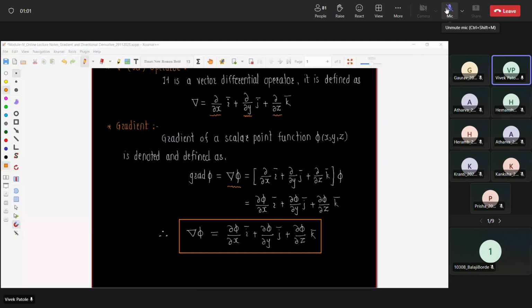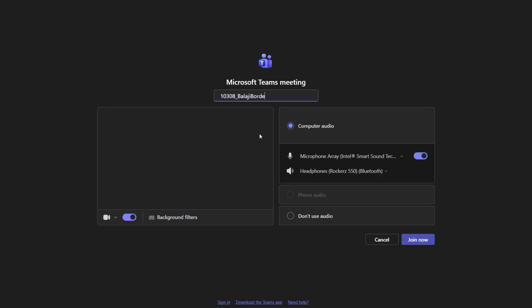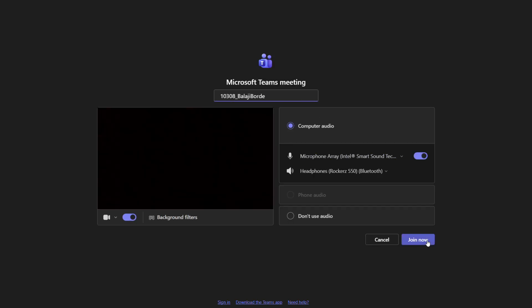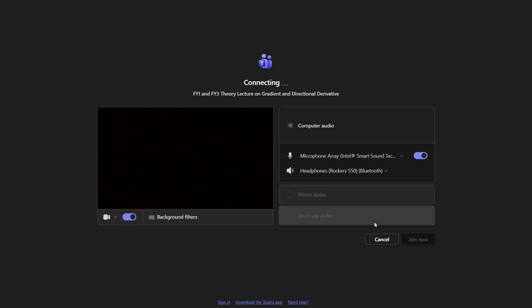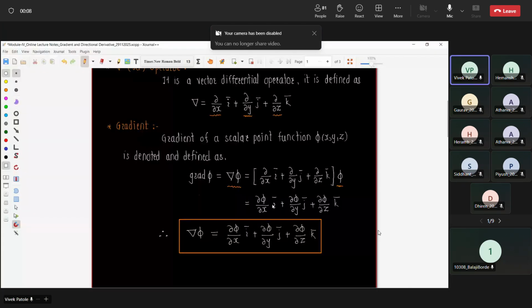Okay, so this gradient del phi is equal to what I was discussing. We have to operate this operator, plus ∂φ/∂y j bar plus ∂φ/∂z k bar.